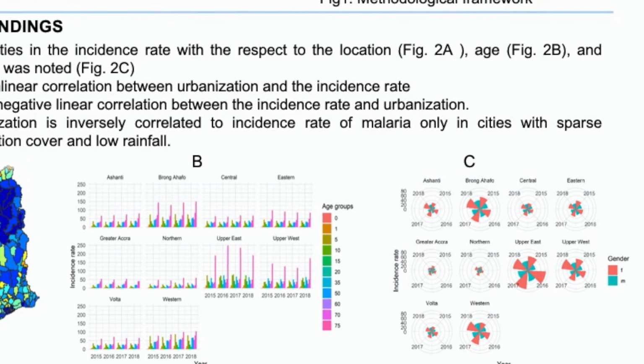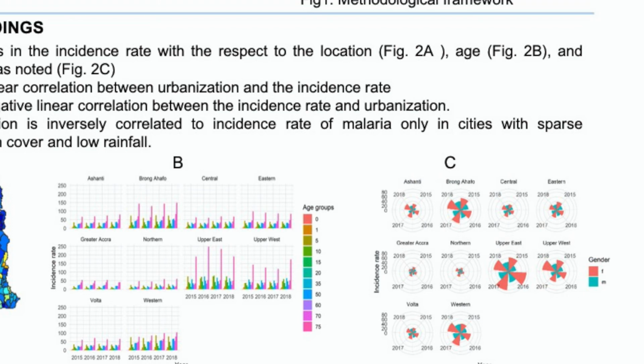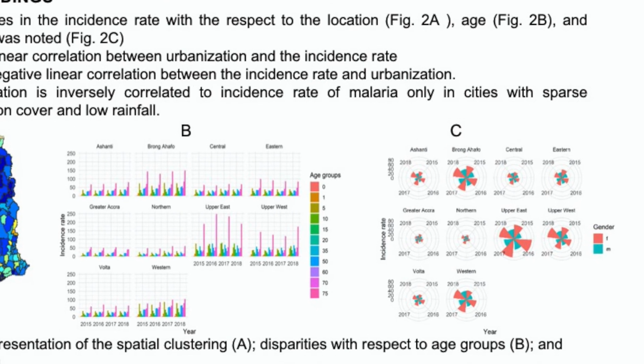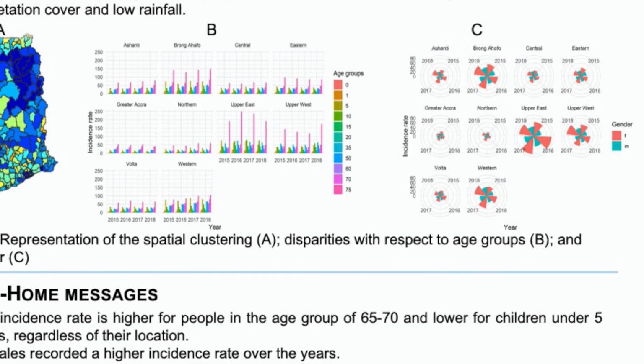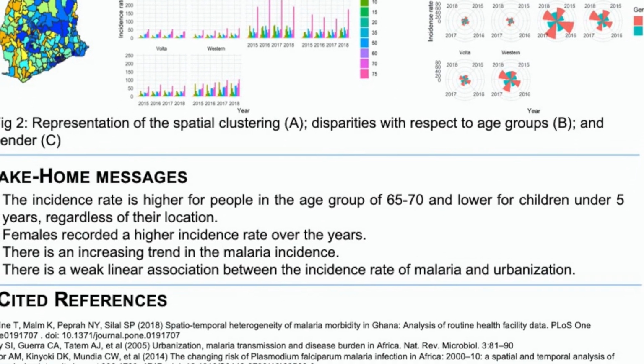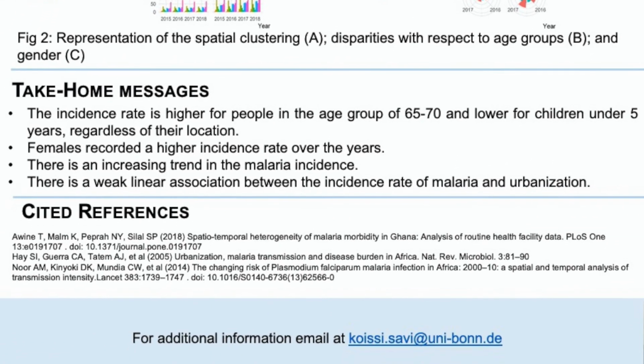On our right-hand side, we can observe that females have the higher incidence rate. There is not sufficient proof to sustain a nonlinear association between malaria incidence and urbanization.